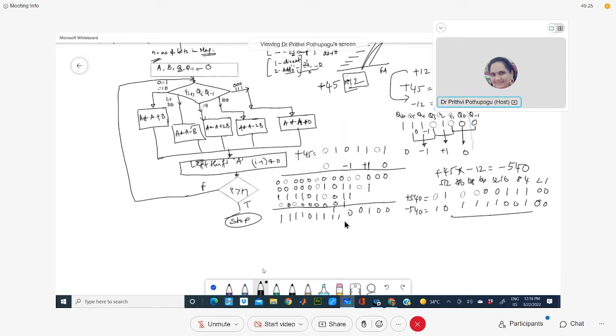Correct, na? This is minus 540, na? See, until this we have the same result. This is the sign extended value. If you do the 2's complement of this, you will get plus 540. This is minus 540. You check it out if you want. Sign extended value, this one.